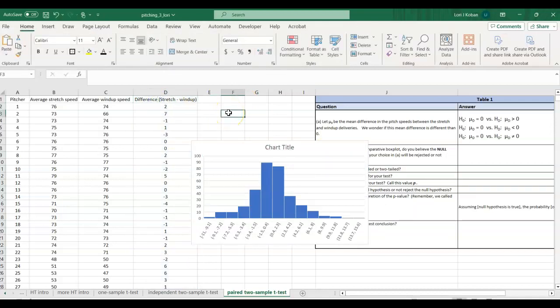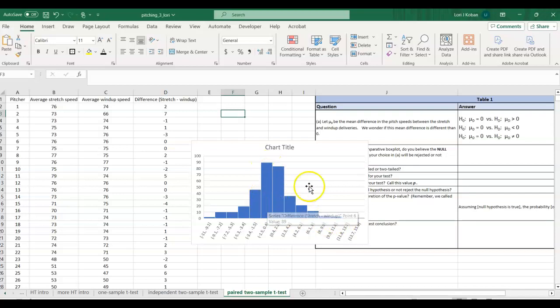Okay, so if we look at this, do I think that the difference is different than 0? Well, here's 0. And it might be the case that some more are greater than 0, but I don't know.